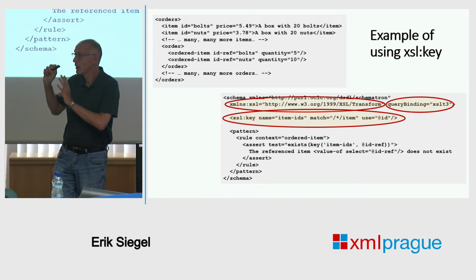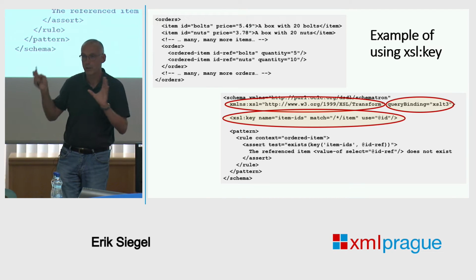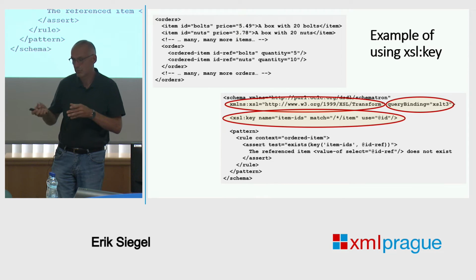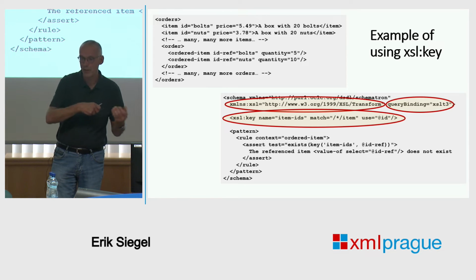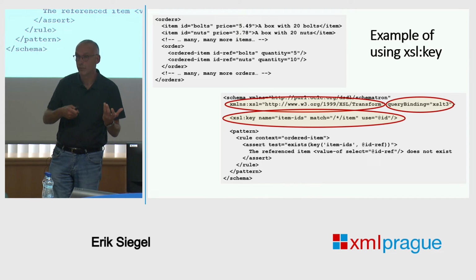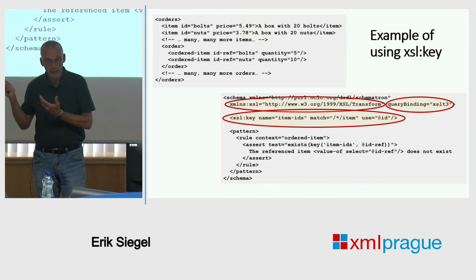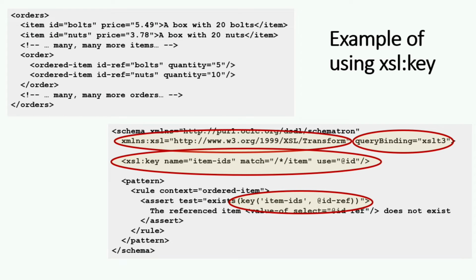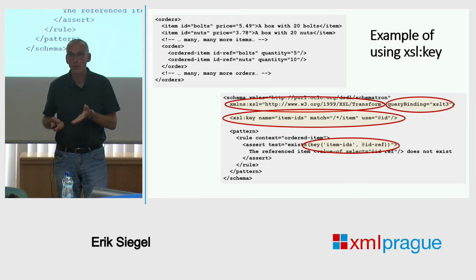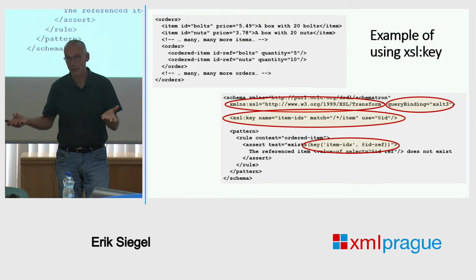I'm not really going into details about the XSL key instruction, but a key is a quick lookup based on some value, and you get some other things back with a quick lookup algorithm. This one returns items based on their ID. Once you've done that, you can use the XSL key function to retrieve any items based on their ID. And this works quickly. So this would be a way to use the XSL key instruction.